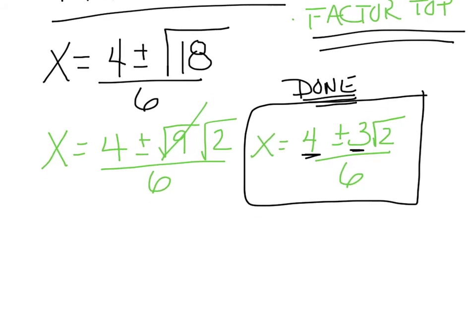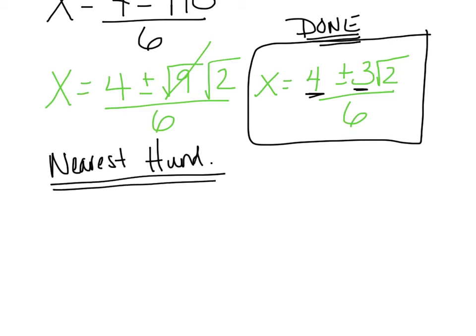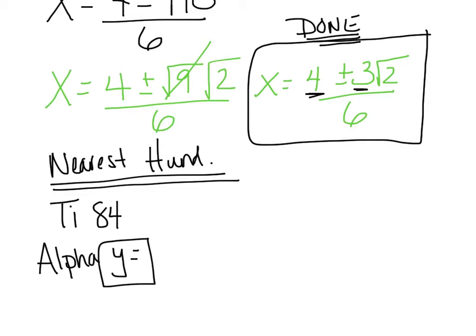Now, every now and then, they're going to want this answer to the nearest, let's say, 100th. All right, that means you've got to go to your calculator and type this in. So I want to practice doing that. Now, there's two different versions. If you have the TI-84 and it's been updated, you know it's been updated if you have that fraction button. I want you to grab your calculator and hit alpha y equals. Okay, and the very first thing in there is the numerator denominator, and when you hit that, it should pop up like this.